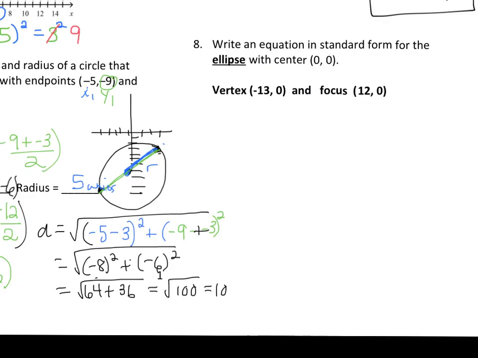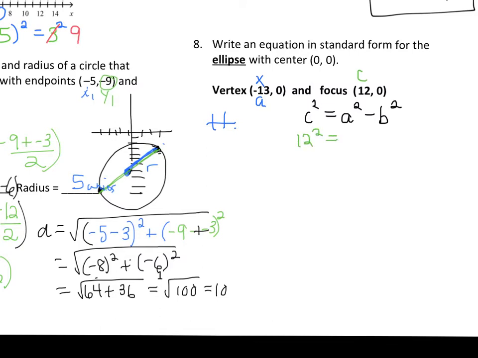Let's see what they gave us in number 8. The vertex is A, and it's in the x spot, so this is going to be a horizontal ellipse. Then they gave us the focus. The focus is C. Unfortunately, we would really like to know what B is, so we need to use that little formula, C squared equals A squared minus B squared. We'll plug in C, so it's going to be 12 squared.